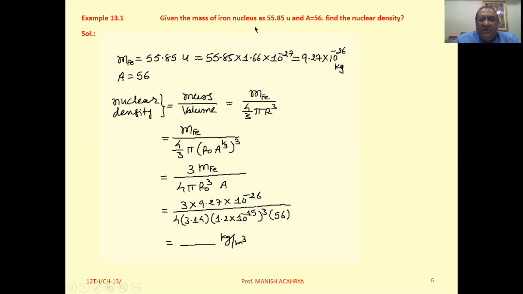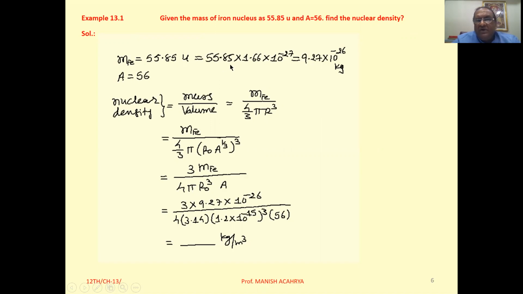Given the mass of iron nucleus as 55.85 u and A is 56, find the nuclear density. Now see, mass of Fe is given to you, 55.85 u. So first convert it into kilogram.